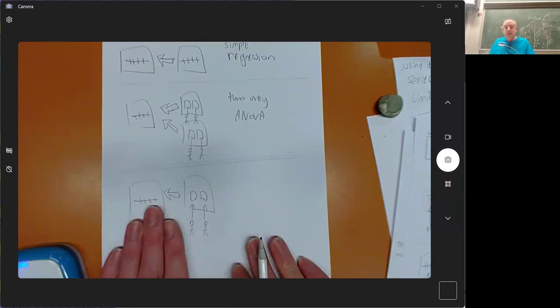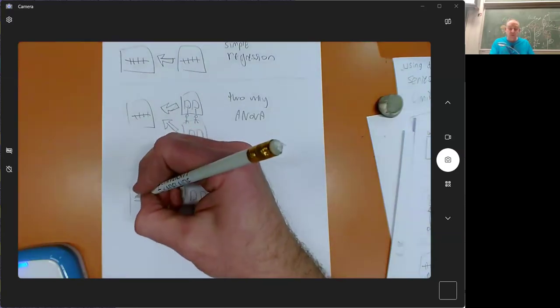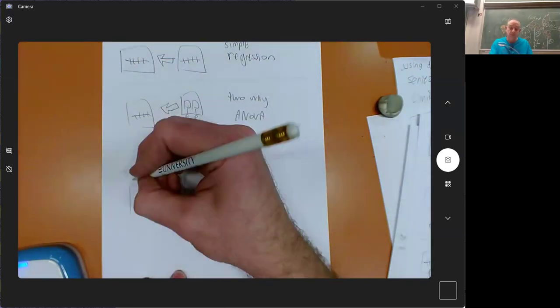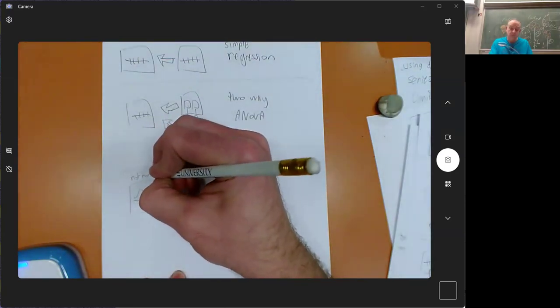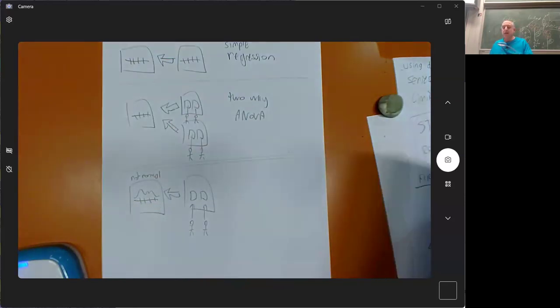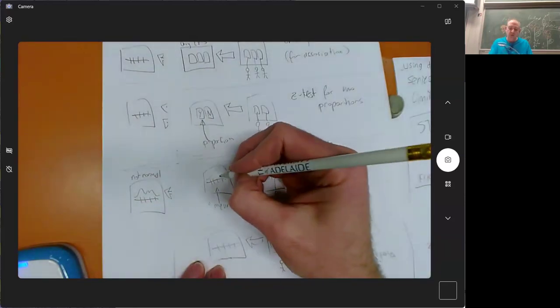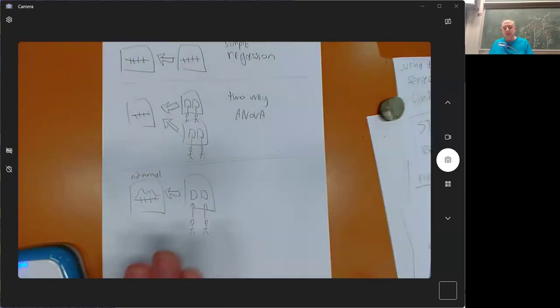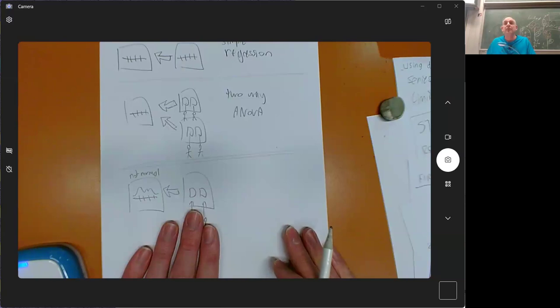Normally you would do the two-sample t-test in that situation. But what if this data isn't from a normal distribution, it was from something that wasn't normal? Technically, this one requires this to be from a normal distribution. That is why they invented the non-parametric tests.